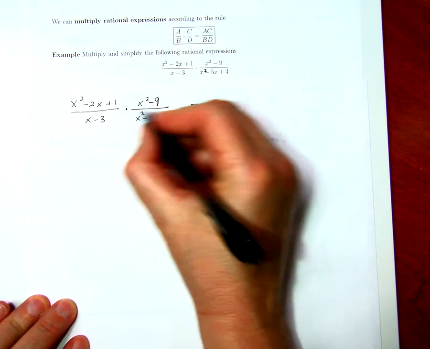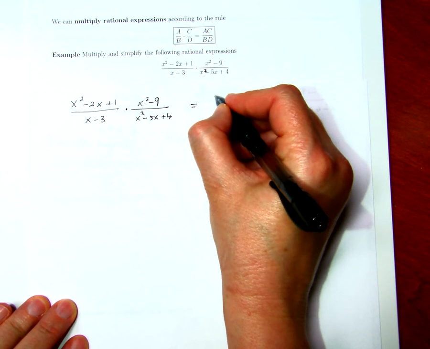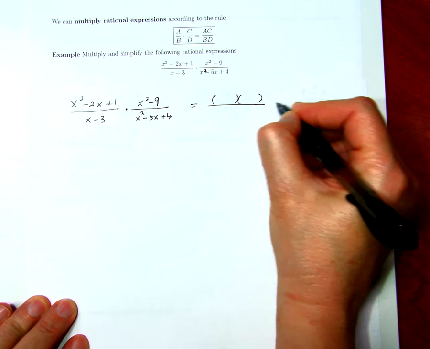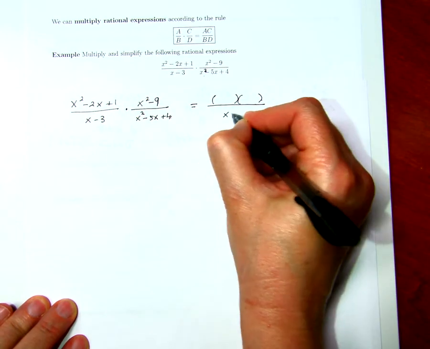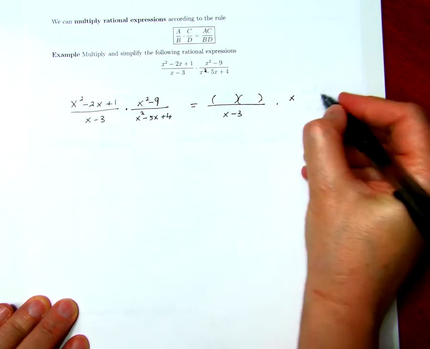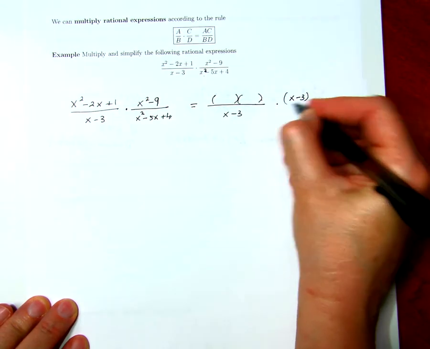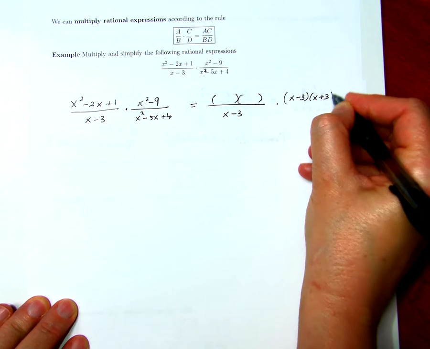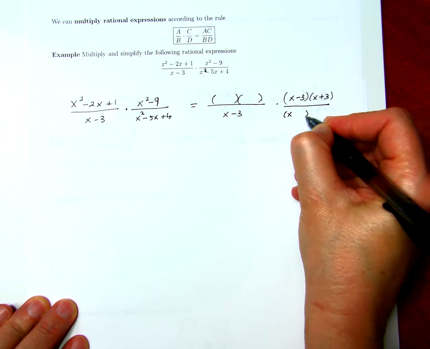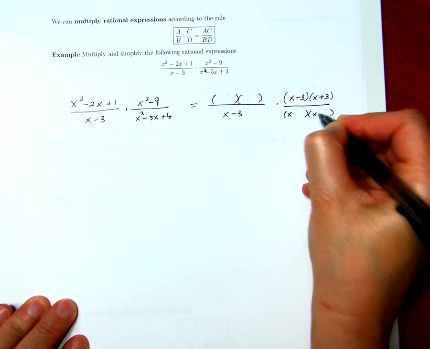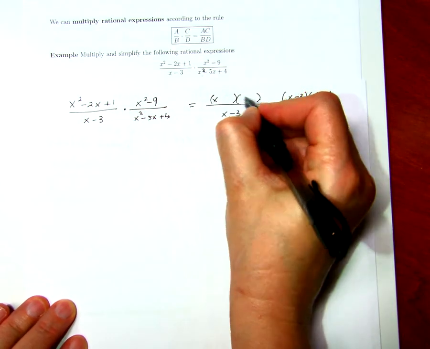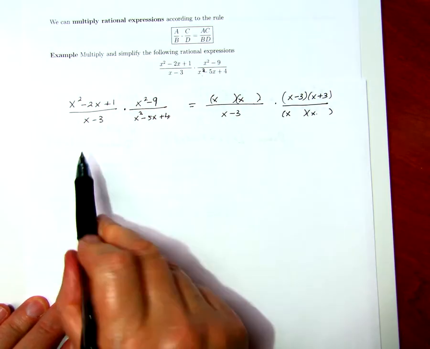Okay, so I'm going to factor everything I can factor here. I have x minus 3 there, and this is a squared minus b squared, so that's x minus 3 times x plus 3, and this one should be x plus something times x plus something, unless it's irreducible, and we'll see how to identify those pretty soon.